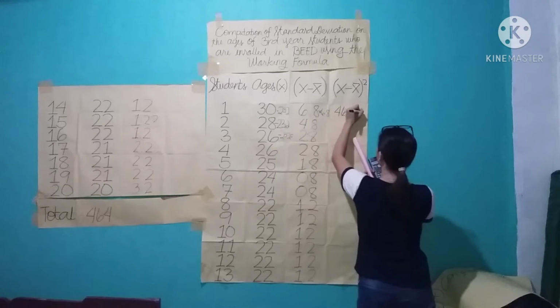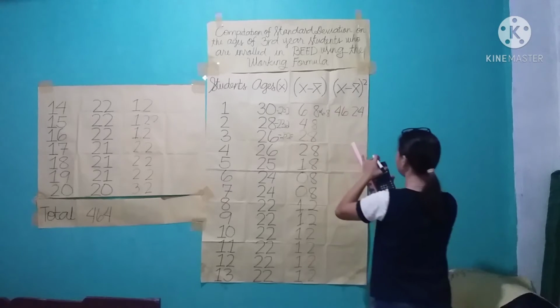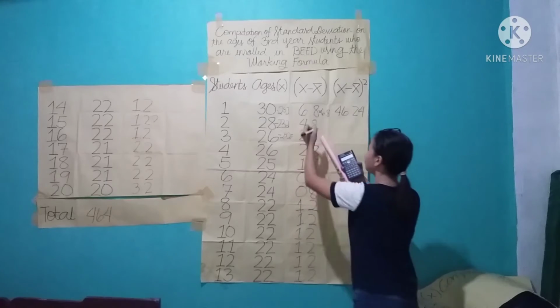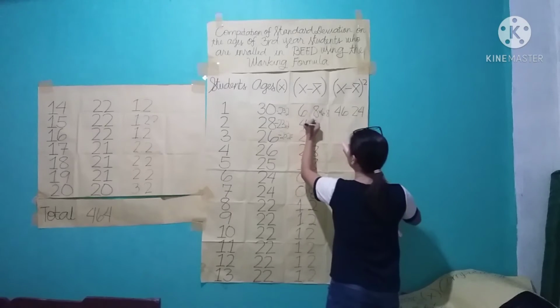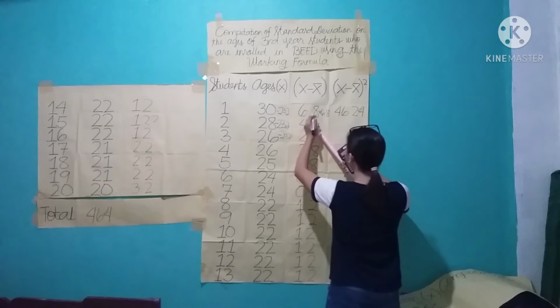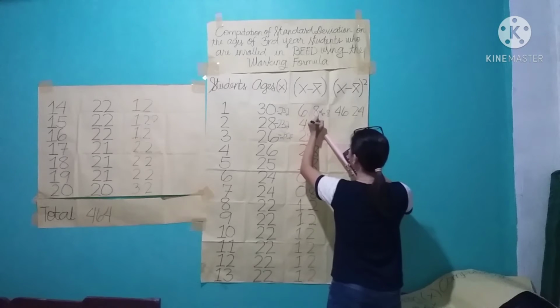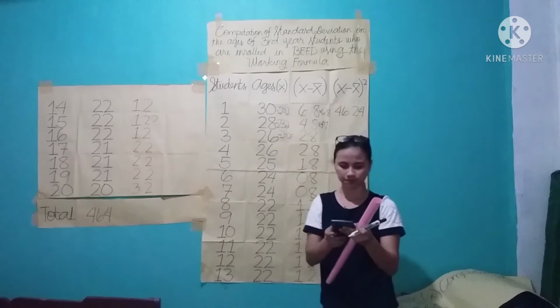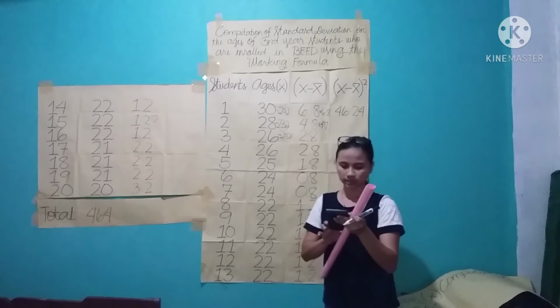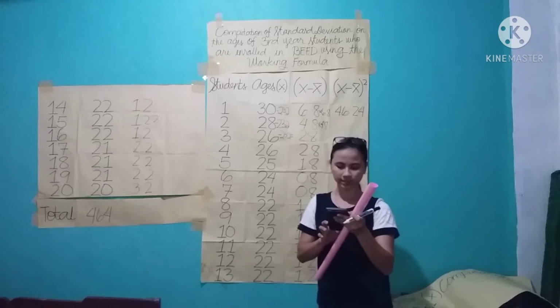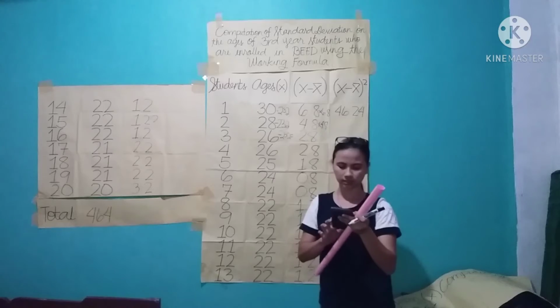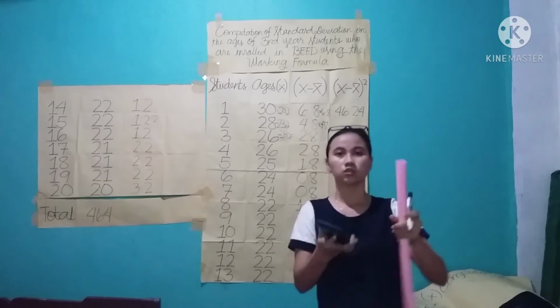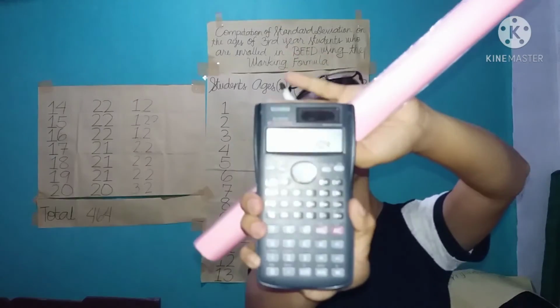46.24 is the answer. Another is 4.8 multiplied by 4.8 equals 23.04.